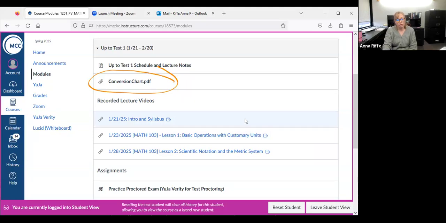So I recommend that you print that and just have it handy. I'll bring it up whenever I do a problem. I'll try to refer to it and bring it up, but it will be helpful for you to have your own copy of that. So I definitely recommend that you print that at some point before our next class.